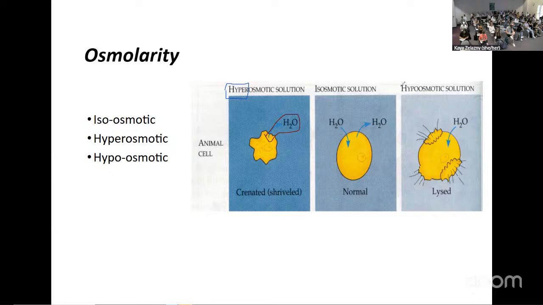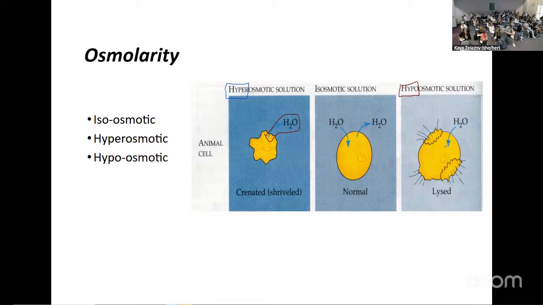In a hypoosmotic solution, hypo means low. So this is a case where you have a cell in pure water, right? So no osmolarity at all, don't have any salts in there, super low concentration of solutes. And in this case, since we do have some stuff in the cell, we do have ions and such in this cell, we're going to see water moving to the inside of the cell, trying to water down that concentration of solutes inside the cell.